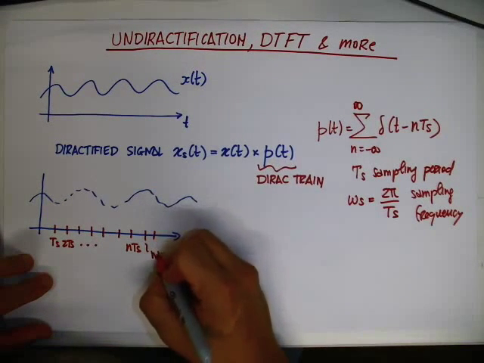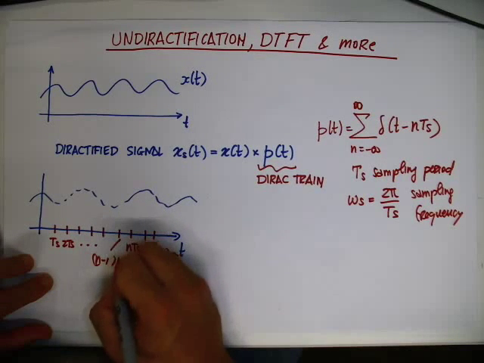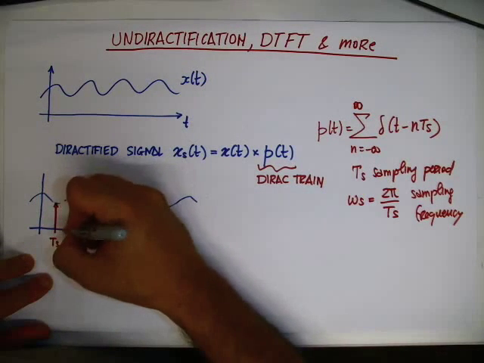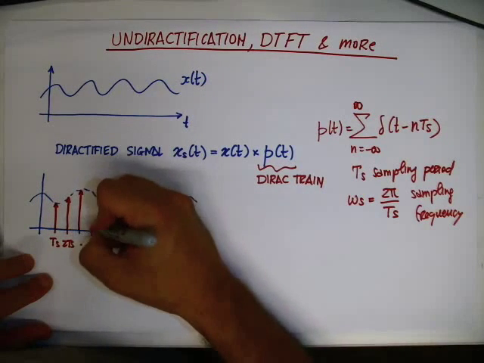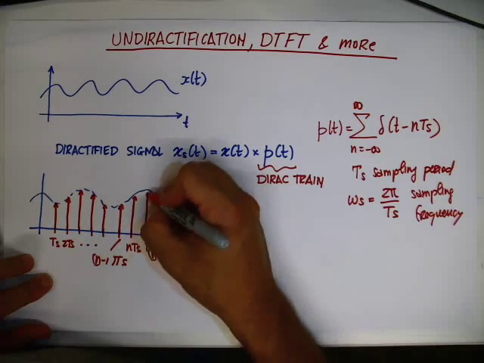So this is n plus 1 ts, n minus 1 ts, and then here I have my deltas.